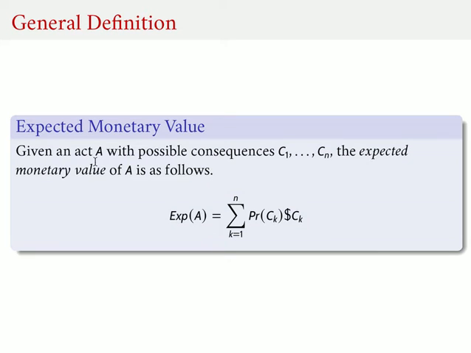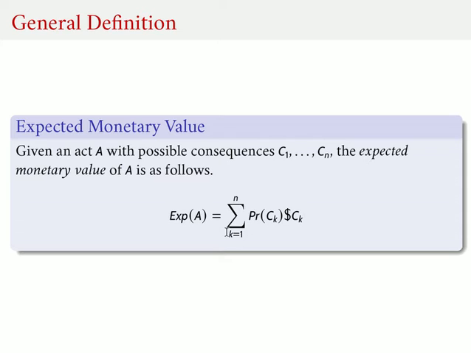So given an act A with n possible consequences, where n may be however high you want, we can say that the expected monetary value of that action is what you get from summing up all the products of each of the outcomes times probability of that outcome.